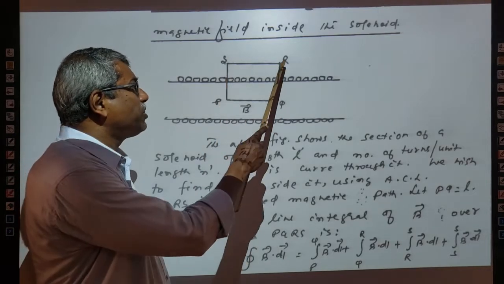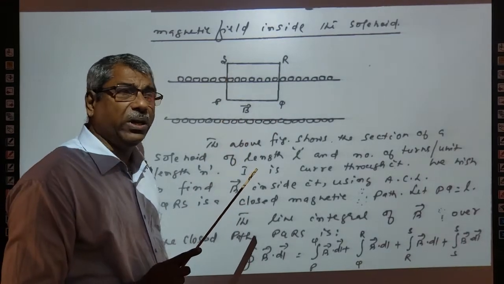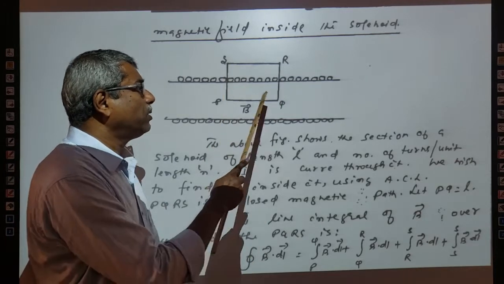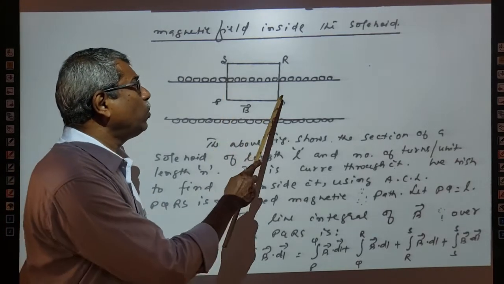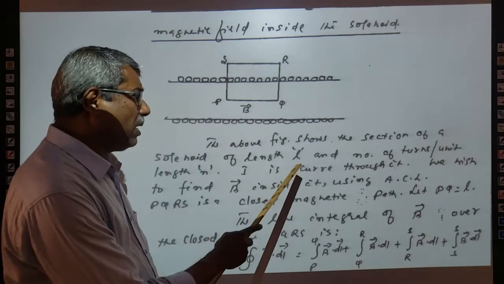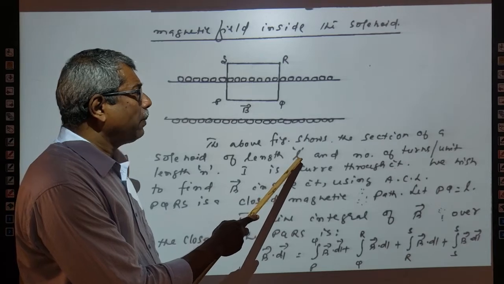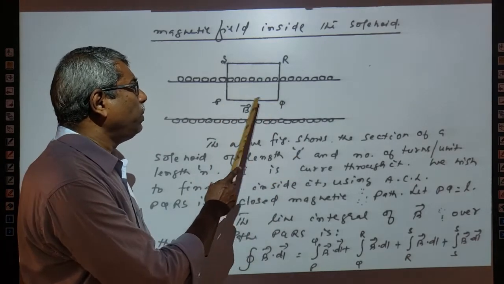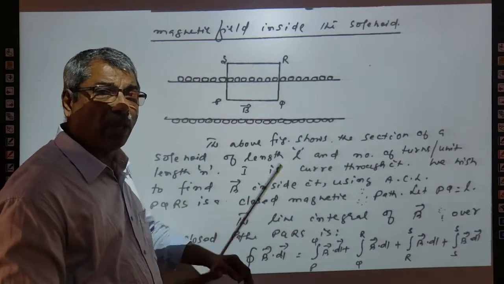For using Ampere's circuit law, we need a closed magnetic path. You can imagine a closed magnetic path like this, that is PQRS. The length of the solenoid is capital L, not small l, it is capital L. And you see that this part PQ has length equal to small l.